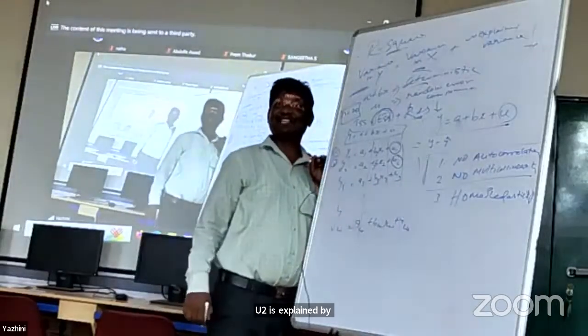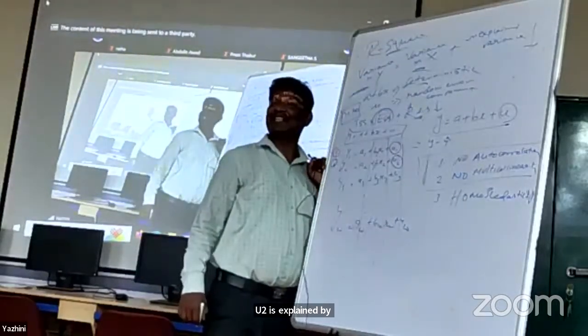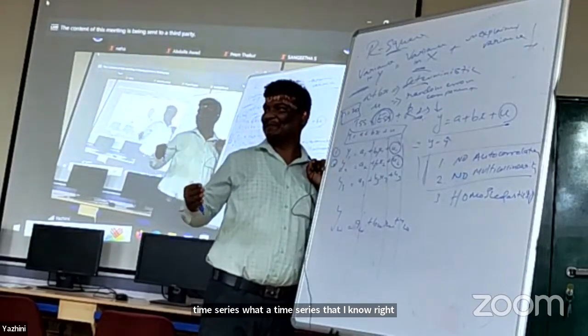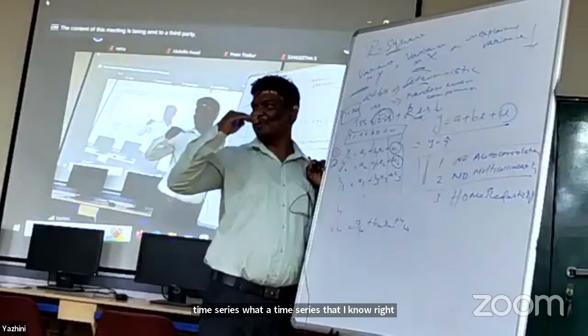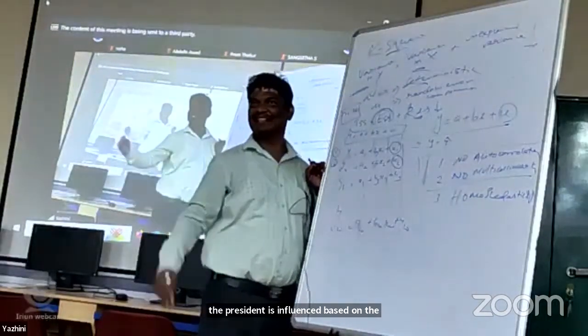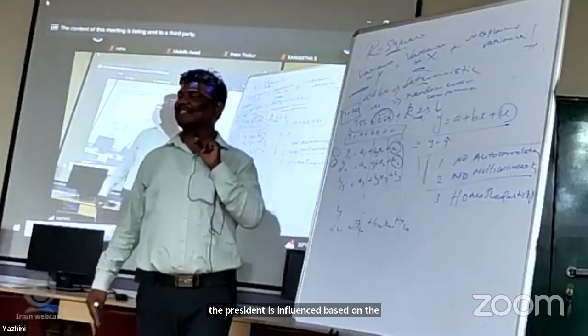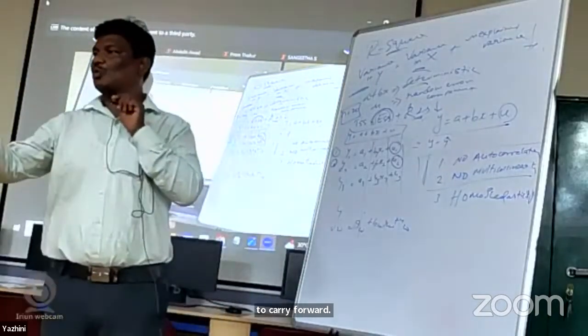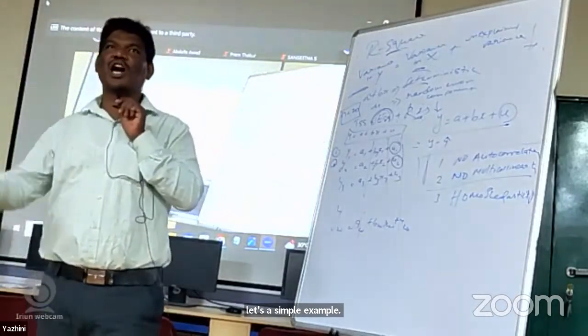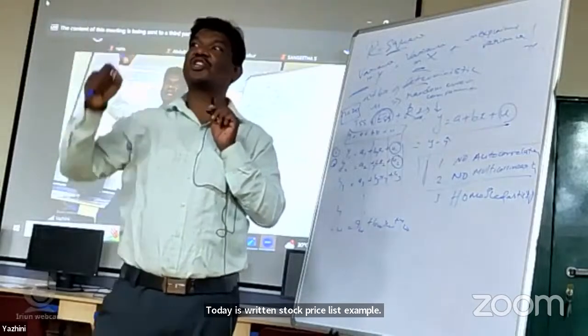Sometimes in time series. What is time series, I know, right? It's dynamic. The present is influenced based on the carry forward. Let's say a simple example: today's return, stock price, the best example. You know stock prices, right?